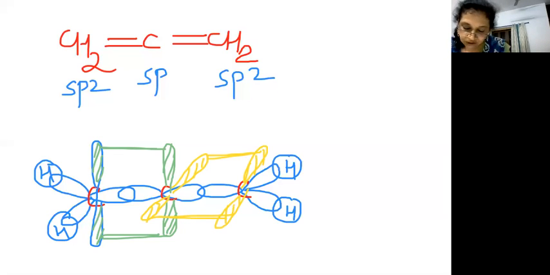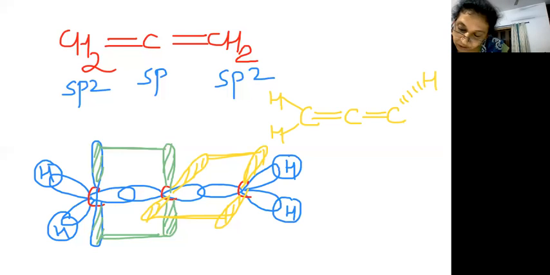Now, if I have to draw the structure of allene, make the sigma bonds, you will come to understand how the structure is made. Let's see, I have this carbon, here is a hydrogen, here is a hydrogen, then I have a double bond C. And now if you see, actually the other two bonds are in a different plane. Like this hydrogen bond is going inside the blackboard and this hydrogen bond is coming outside the blackboard.